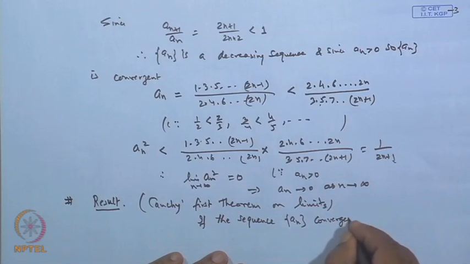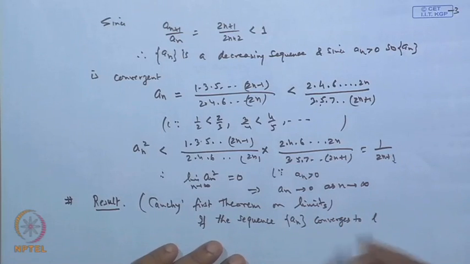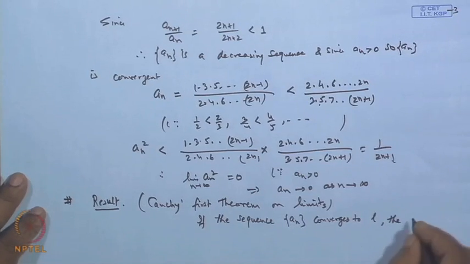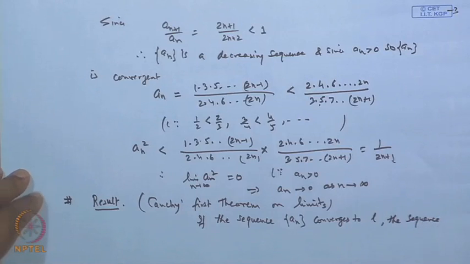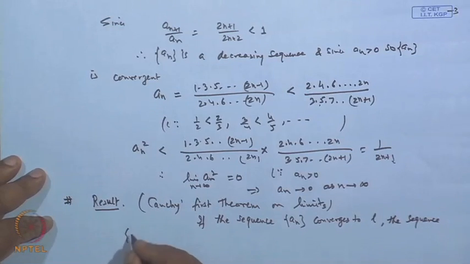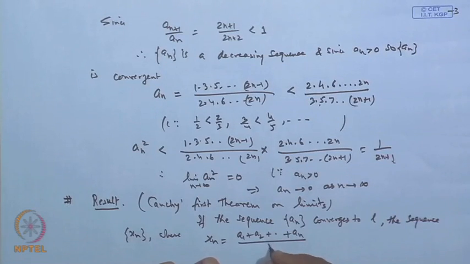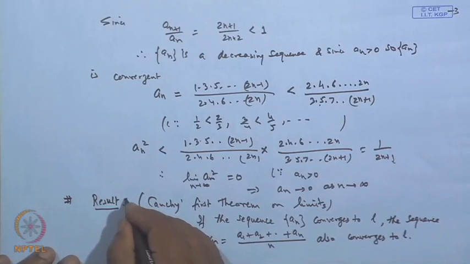converges to L, then the sequence x_n, where x_n is (a_1 plus a_2 plus ... plus a_n) divided by n, also converges to L. Also converges to L. Let us call it result 1.